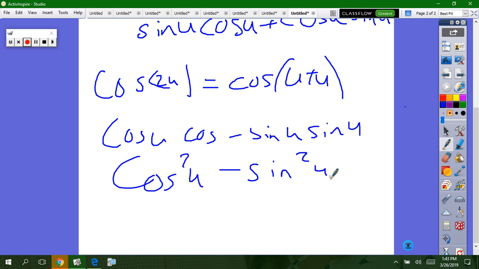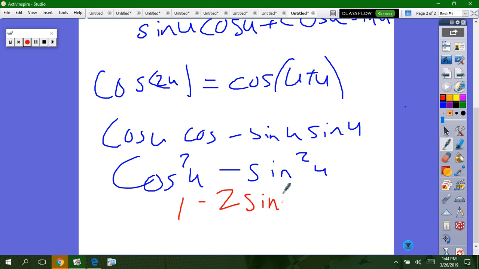There is a formula right there. But I know there are different ways to write cosine squared, correct? What's another way to write cosine squared? It's 1 minus sine squared.